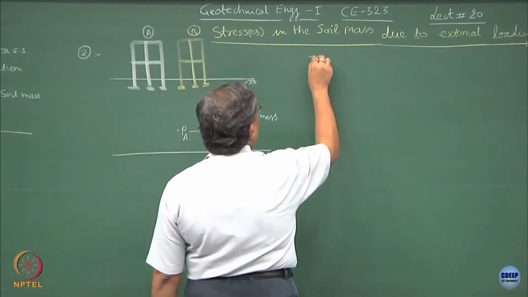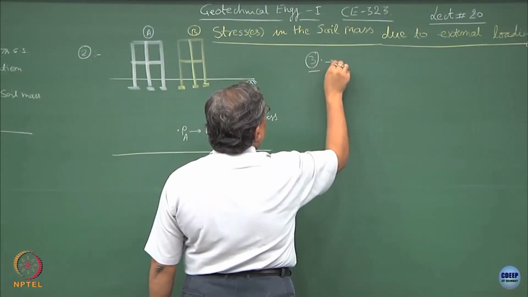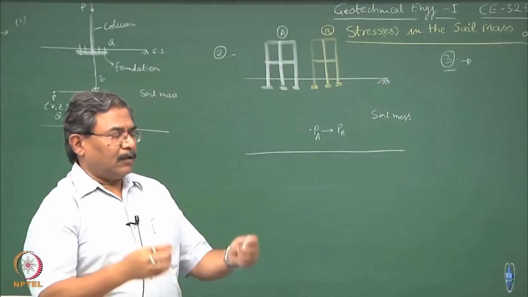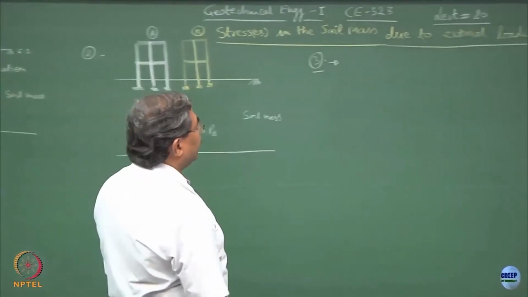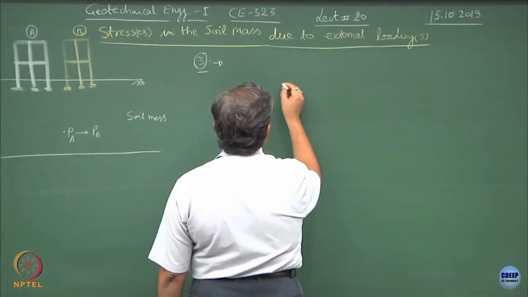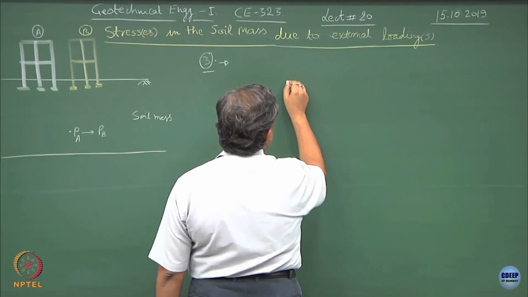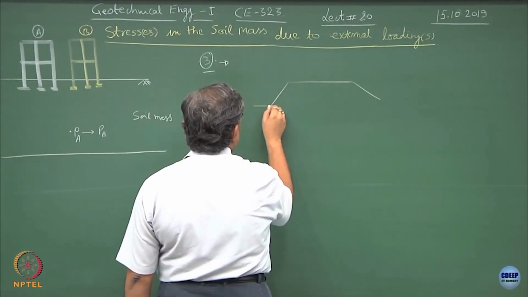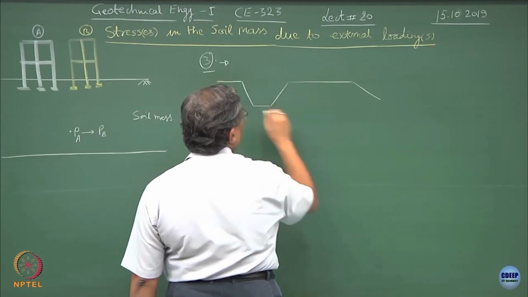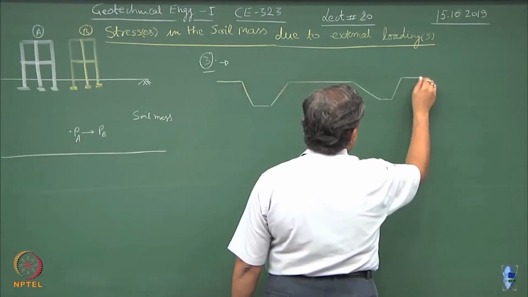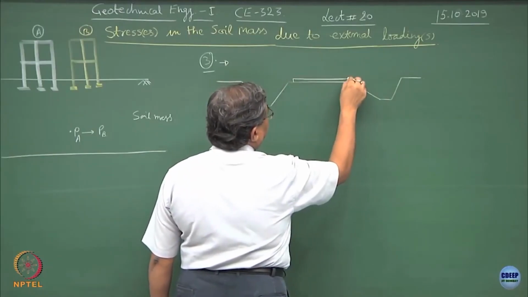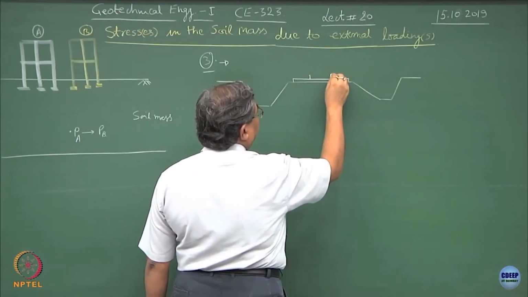There could be a situation number 3 where I am sure when you travel all along the highways or the railways, what you observe is there are pipelines which are carrying water. So, suppose this is the embankment of the railways. So, this is, let us say, the embankment on which the train is moving.